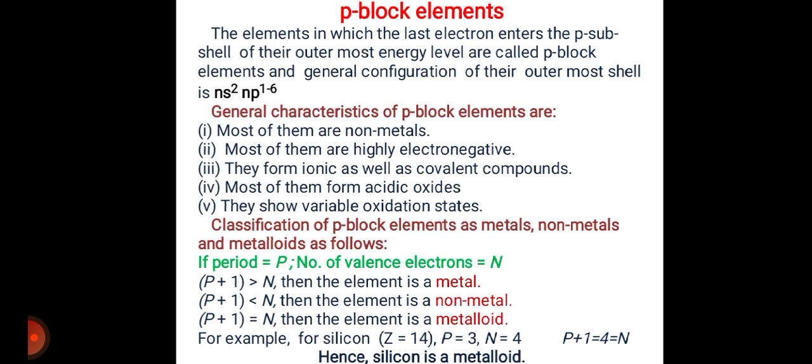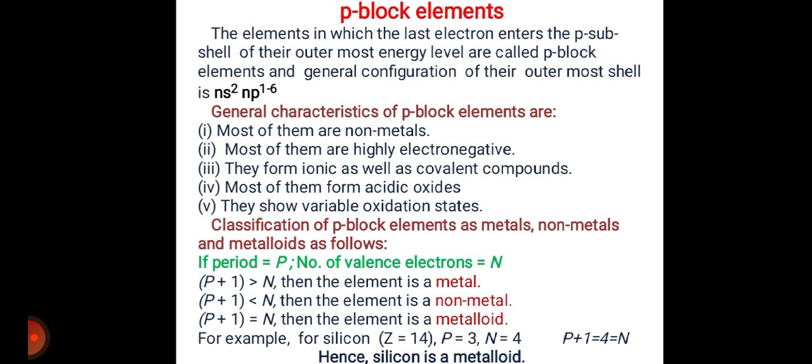So the classification of p block elements as metals, non-metals and metalloids is as follows. If the period is P and the number of valence electrons is N, if P plus 1 is greater than N, then the element is a metal. If P plus 1 is less than N, the element is a non-metal. If P plus 1 is equal to N, the element is a metalloid.